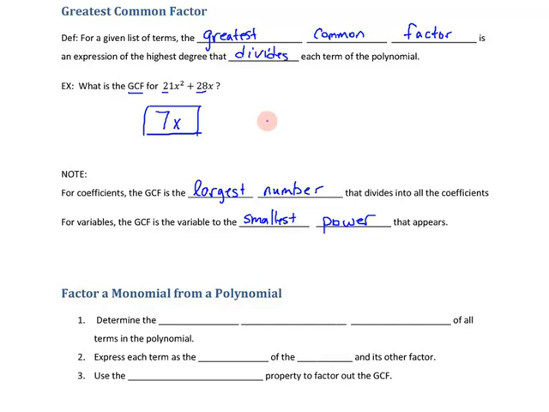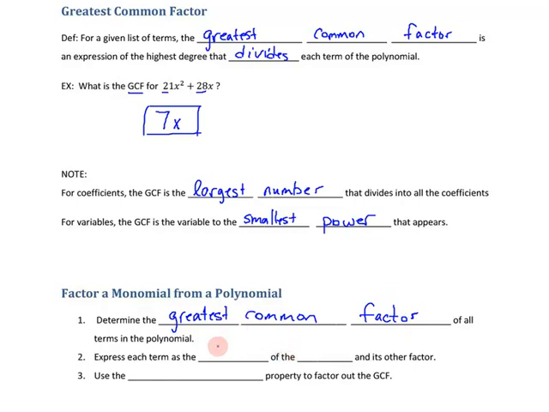Now what we're going to do is take polynomials like this and pull out, or factor out, the greatest common factor. In order to factor that monomial out from a polynomial, we first have to determine the greatest common factor, or GCF, for all the terms in the polynomial.